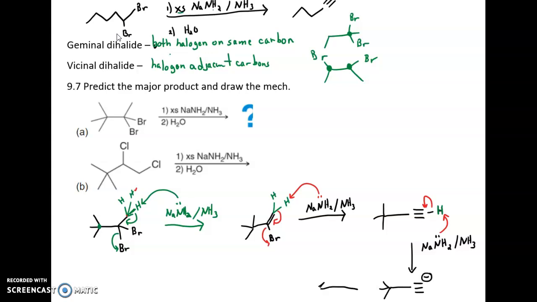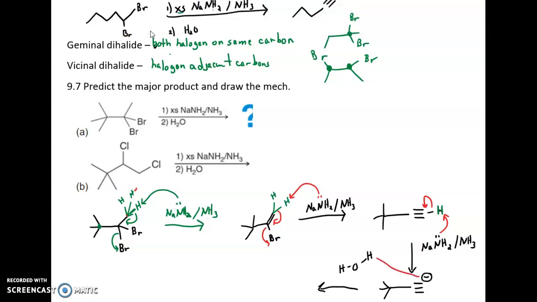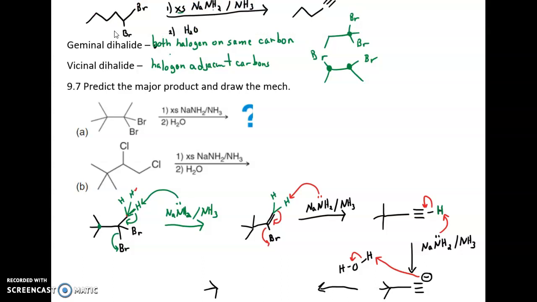Our next step will be to add water. And this negative charge will then be able to steal a proton from water. And we'll end up with our final structure, which has this kind of end to it, and then a triple bond with a hydrogen on the end. Remember, there's a carbon here and a carbon here.